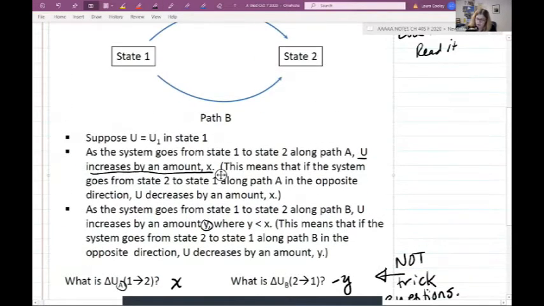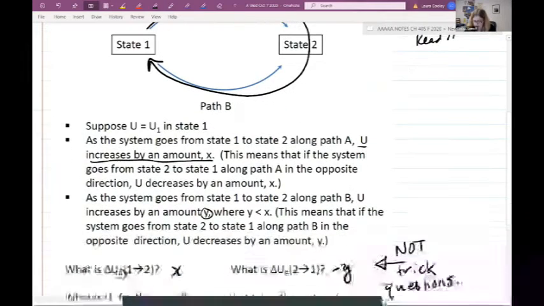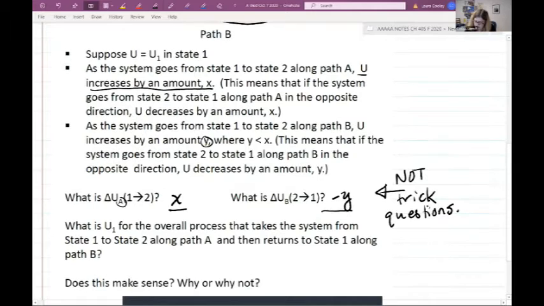And so if you thought about the whole process, the cycle of starting at 1, going to 2, and back to 1, you would say that's X and minus Y. You would say it's X minus Y. And you've already said that Y is less than X, so this is a positive number.